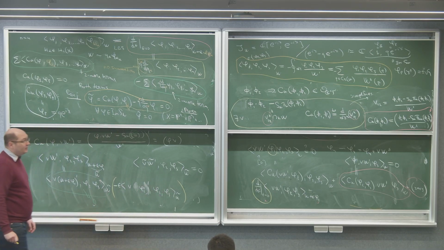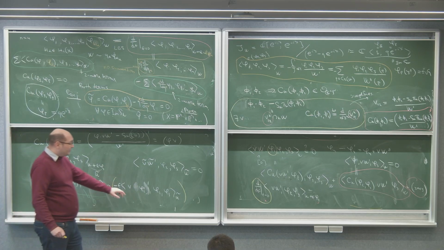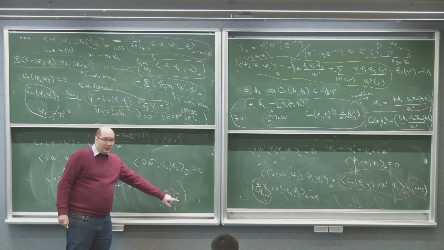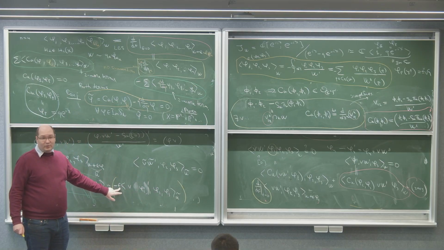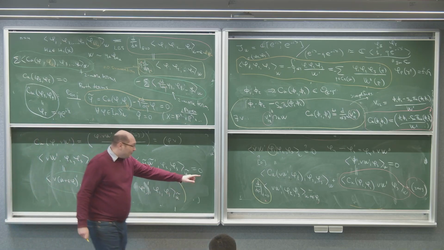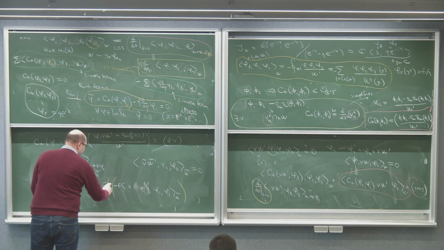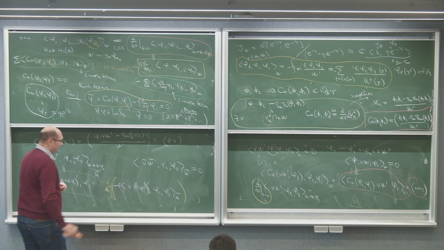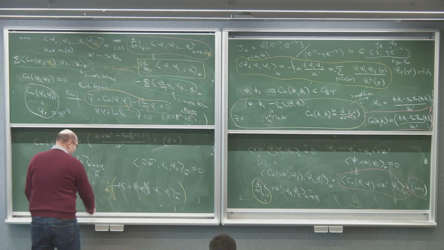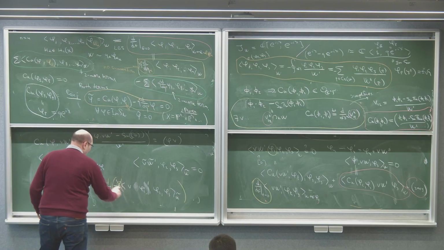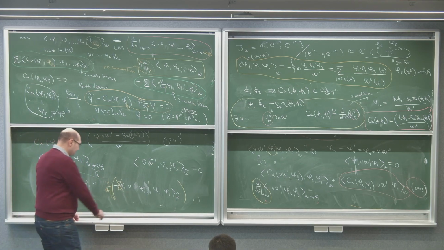If the derivative hits W, then the whole expression vanishes because it's proportional to epsilon. So the only way for the d over d epsilon derivative at epsilon equals 0 to be nonzero is to hit and eliminate this epsilon.